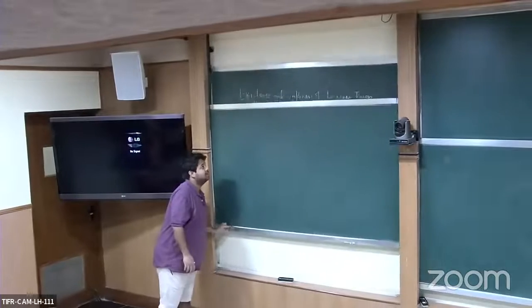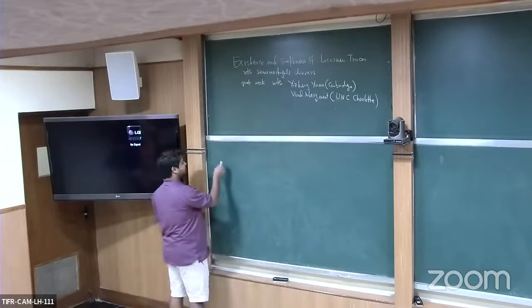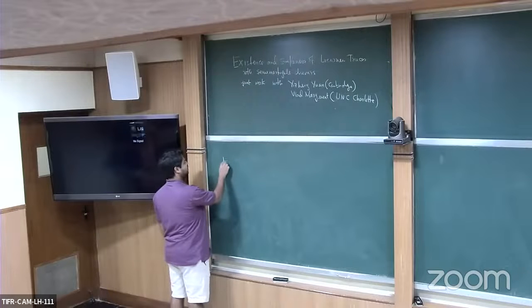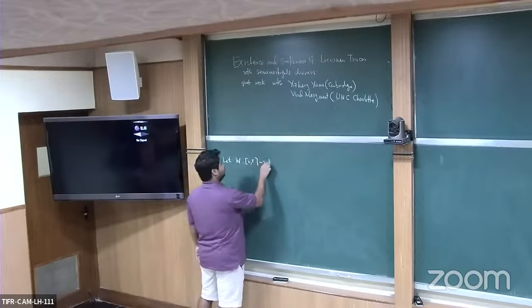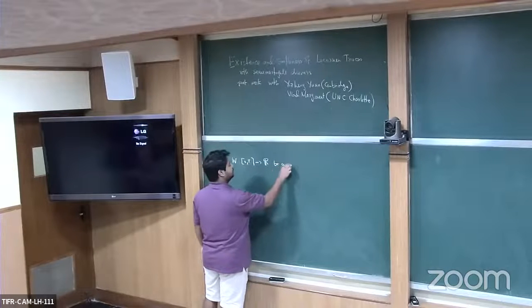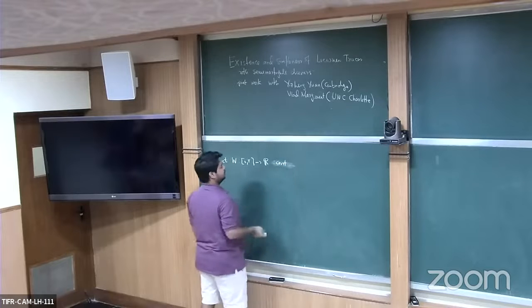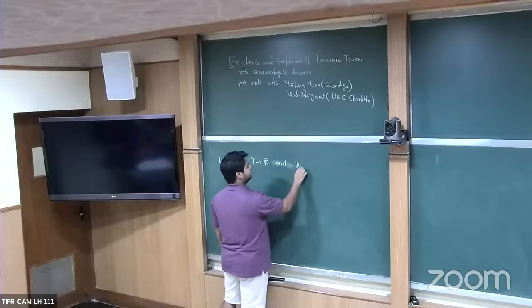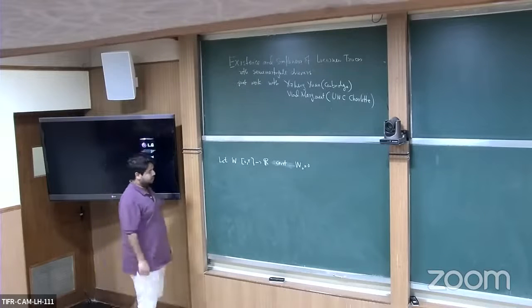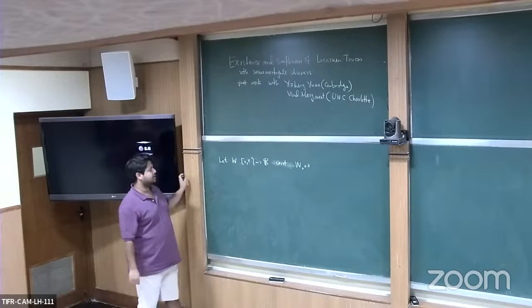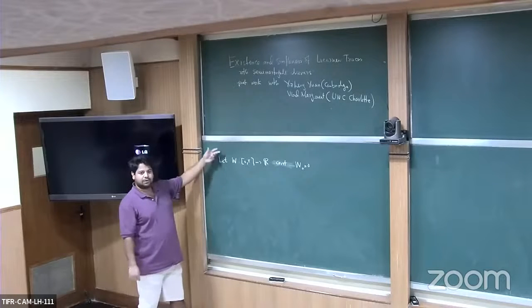Okay, so let's start. The problem starts as follows. We start with a very simple object. Let W be a continuous real valued function, starting at 0. This is the input of the Loewner theorem that I'm going to describe, and this continuous driver is often called the driving function.